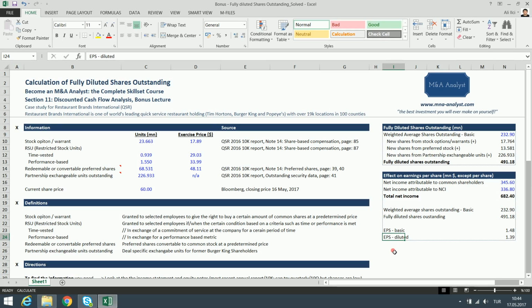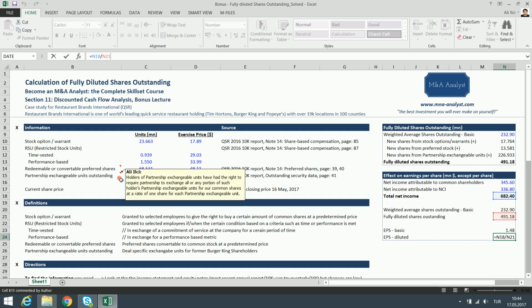And here we calculate the earnings per share for diluted shares, and as you can see here, we include the non-controlling interest in this case, because we are assuming that the partnership exchangeable unit holders will convert their shares and become common shareholders.